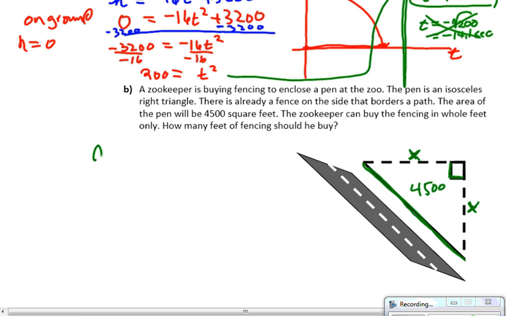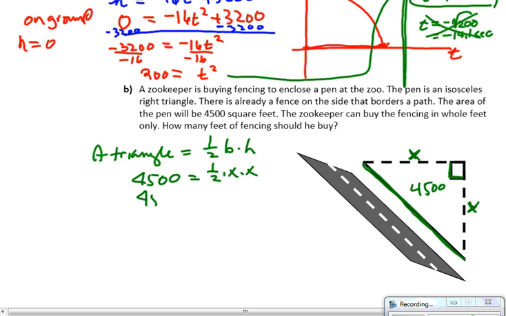So the area of a triangle, we know the formula is 1/2 base times height. So for this one, the area we're given is 4,500 is equal to 1/2 times x times x. So 4,500 is equal to 1/2 x squared.